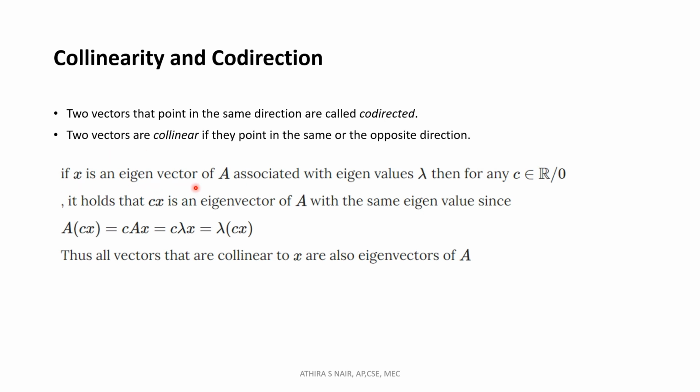If x is an eigenvector of A associated with eigenvalue lambda, then for any c an element of R minus {0}, it holds that cx is an eigenvector of A with the same eigenvalue, since A(cx) = c·Ax = c·lambda x = lambda·(cx). Here Ax = lambda x. Thus, all vectors that are collinear to x are also eigenvectors of A.